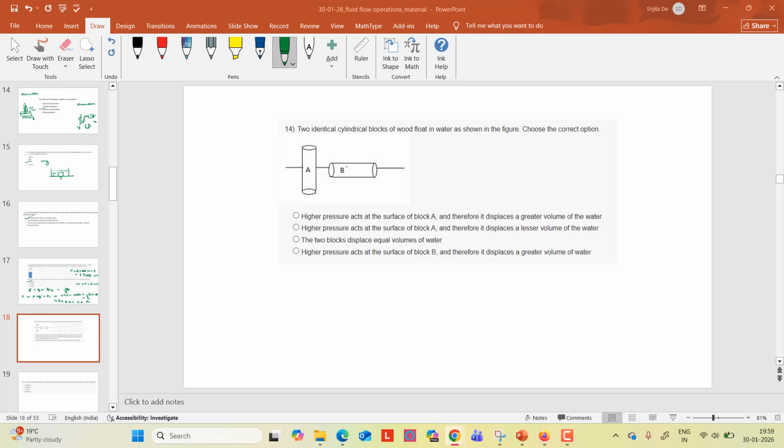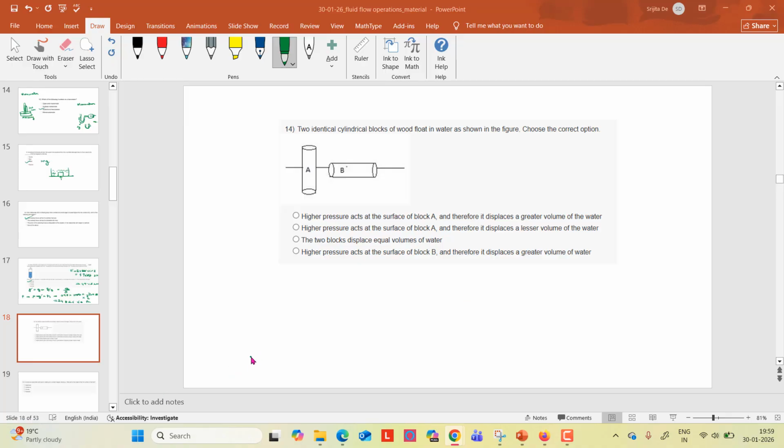Even though the surface area where the pressure acts in case of A is lesser than in case of B, it displaces equal volume of water, because from the buoyancy point of view, in the Archimedes principle we have seen this.